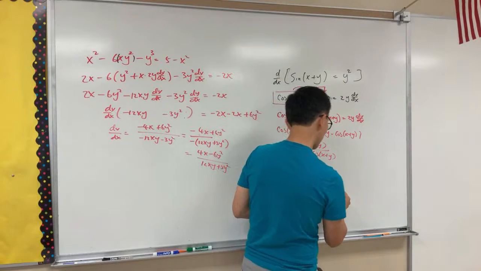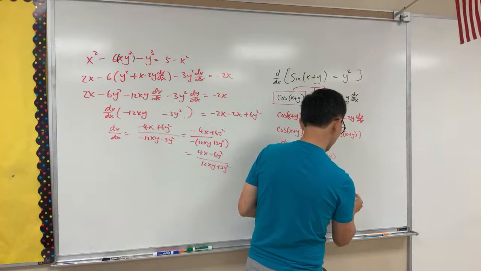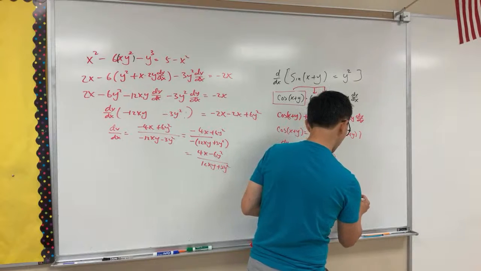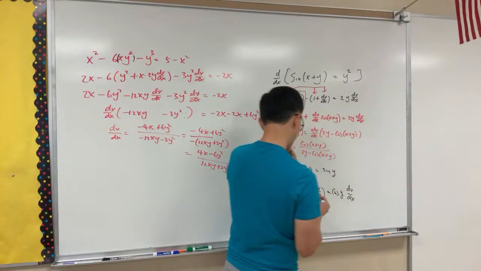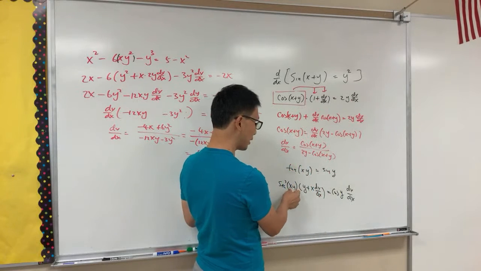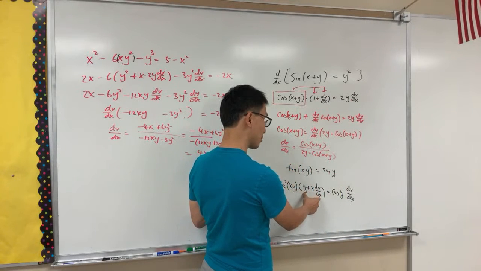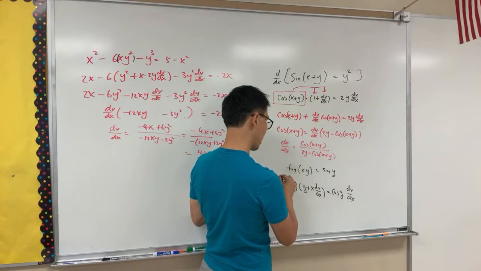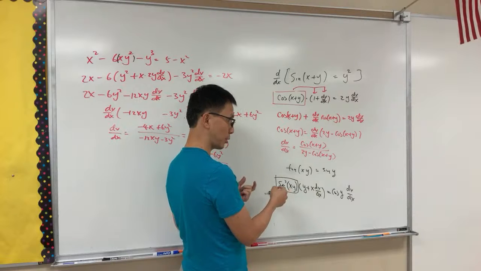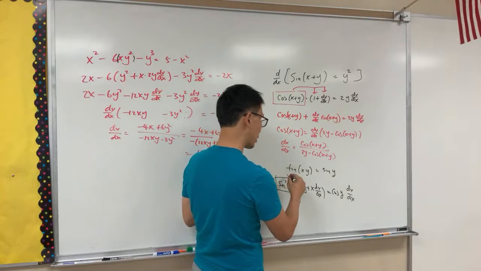Okay? Is equal to cosine of y dy dx. Do you see that? Now, can this thing multiply to this? It's just one. No, right? Do you see that? This is itself. We can distribute to this.